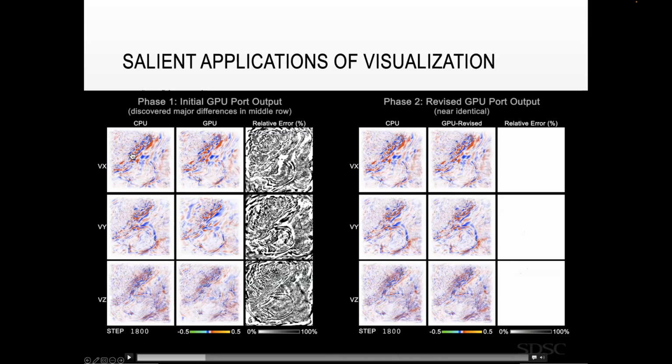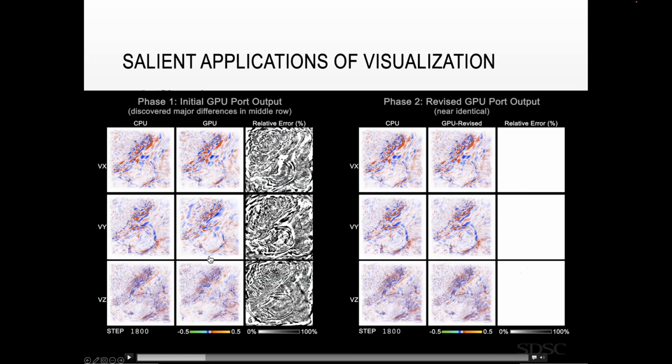Again, this is for an earthquake simulation. This was a very large earthquake simulation, and the idea was that GPUs were becoming very popular, so they ported the simulation to GPU to see if it would run any faster. The middle column on the left side is the porting of the simulation from CPU to GPU architecture. And it looks okay.